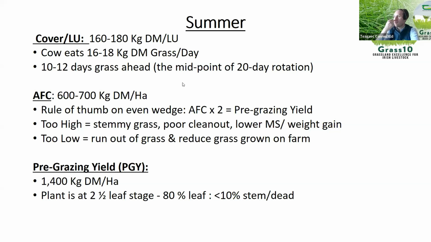So we're going to have high quality, very digestible leaf for dairy cows, lambs, a dairy calf to beef system, or a suckler cow system. We know we have quality grass there for the stock on the farm.